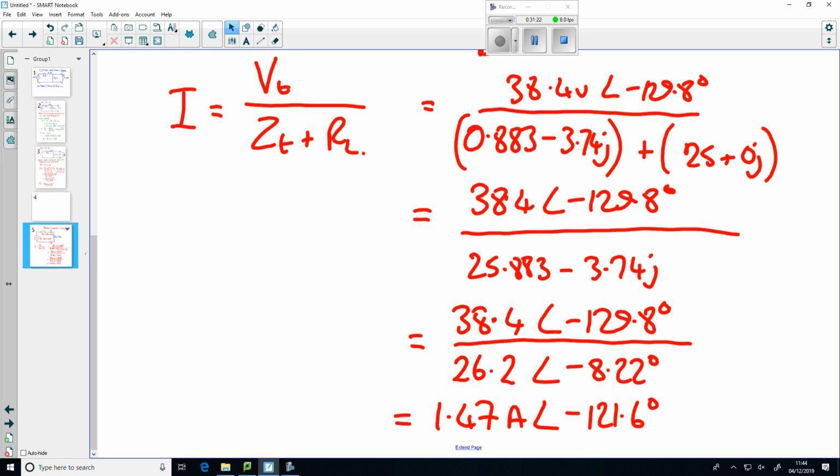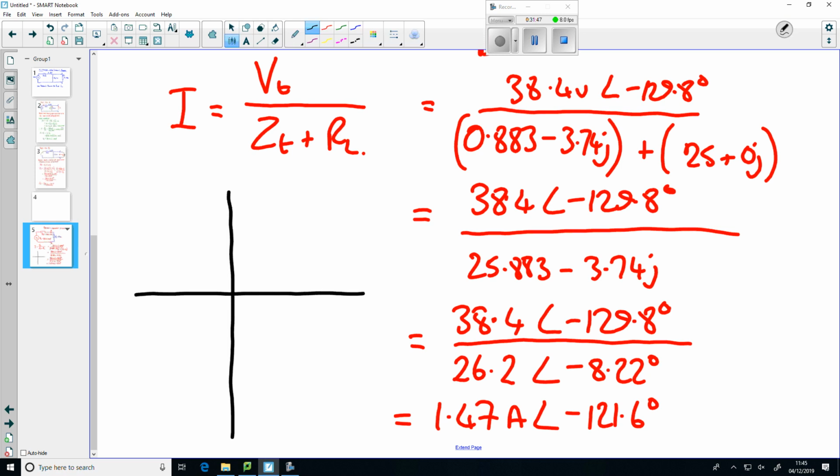Right. Now, our voltage is at angle minus 129.8 and our current is at minus 121.6. Not so easy to see the check here. But if we consider our angles on an axis, and our voltage I'll put in red is minus 129, so that's 90, minus 129, somewhere there.